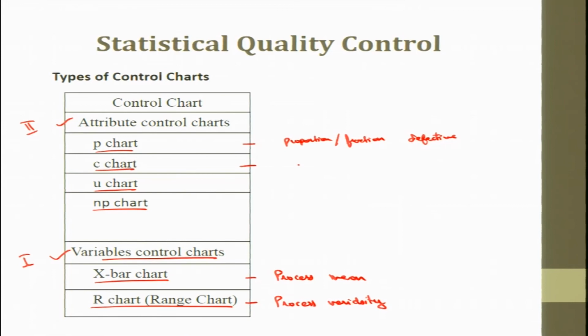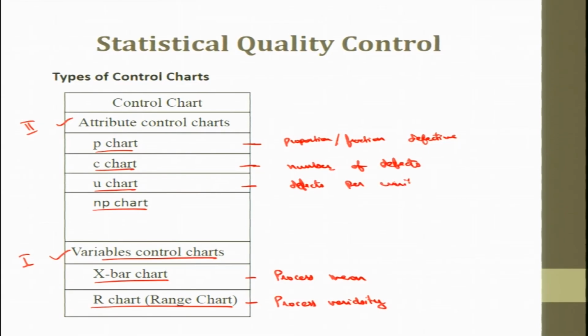And C chart is when we have the number of defects. Like I said, number of defects in the car or number of defects in the specific section of the car when it is manufactured. So it is number of defects. U chart is when we have defects per unit.